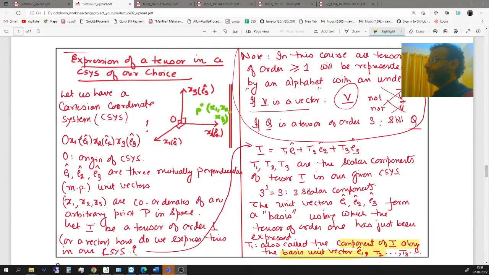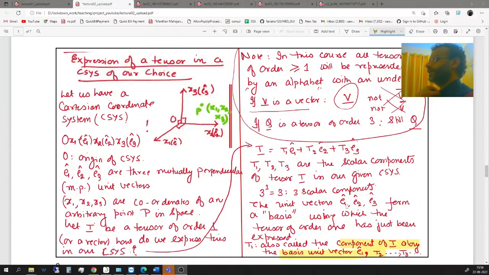So we see that we have three scalar components, and that I can write as 3 raised to power 1, because I'm trying to remind myself of the formula that I mentioned earlier, that a tensor of order n in m-dimensional space has m raised to the power n number of scalar components. So m here is of course 3. We are in 3-dimensional space, and the tensor is of order 1. So that is why you have these three scalar components T1, T2, and T3.